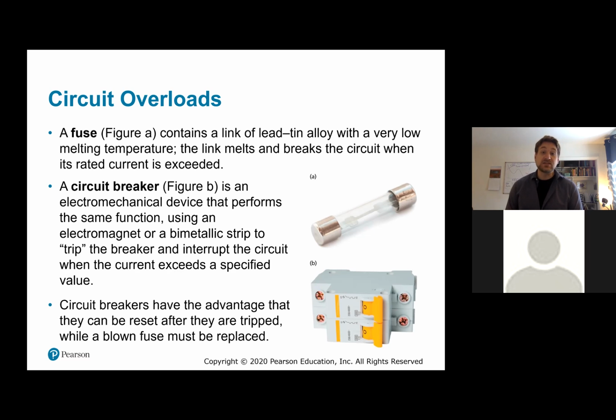If the current exceeds a particular value, it flips, turns the switch off, and breaks the circuit so that we avoid frying any devices. A blown fuse, this happens in the car. Sometimes you've got to replace the fuse for the headlights or whatever. A blown fuse needs to be replaced.